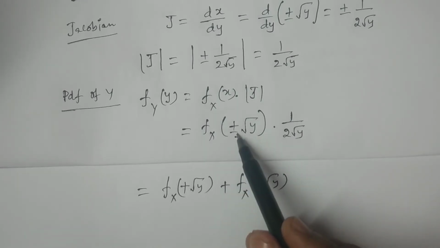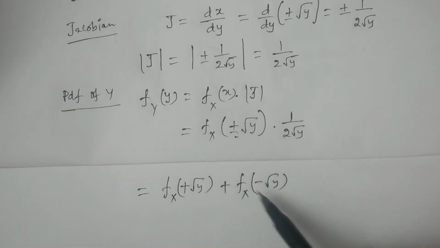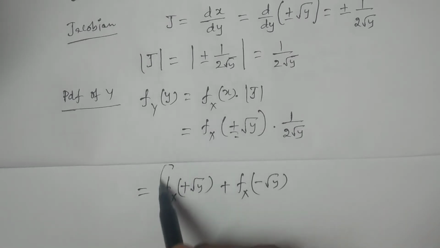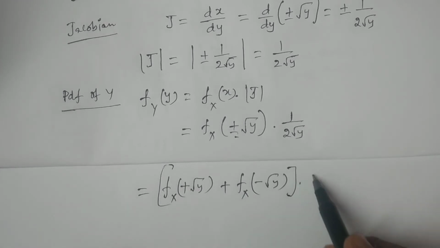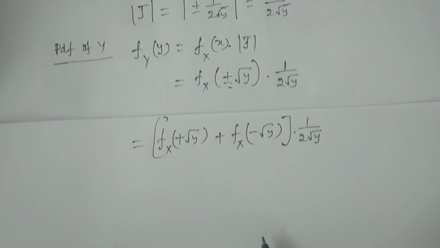The density function is calculated at plus root y, and also at minus root y, and then you add them, and at the end multiply with the modulus of the Jacobian, 1 by 2 root y, right?